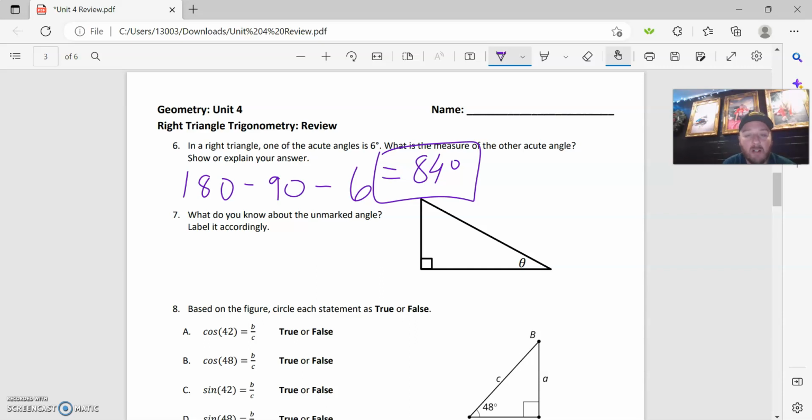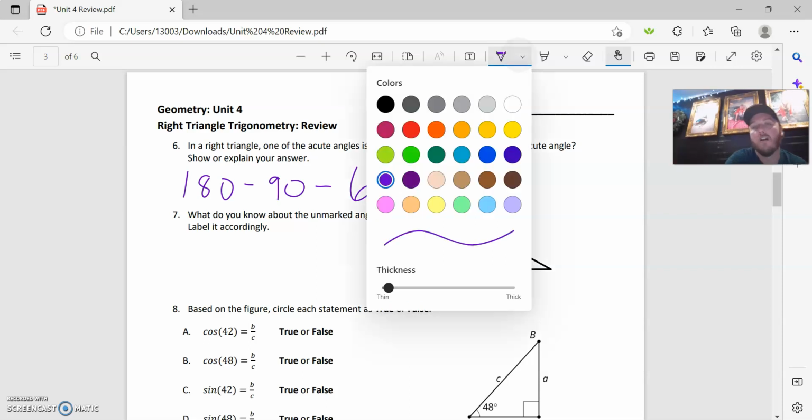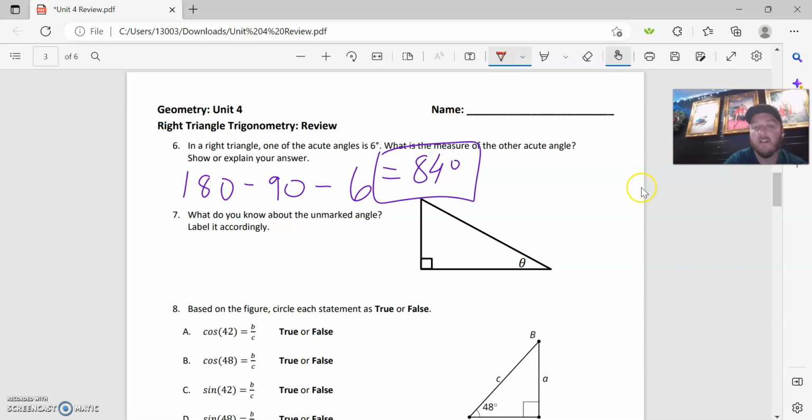What do you know about the unmarked angle for number 7? Okay, this is where we get kind of theoretical. What I mean by that is we're not going to call this angle down here theta and this one alpha, because that's another angle symbol that we'll use coming up. What we know it to be is 90 minus theta.